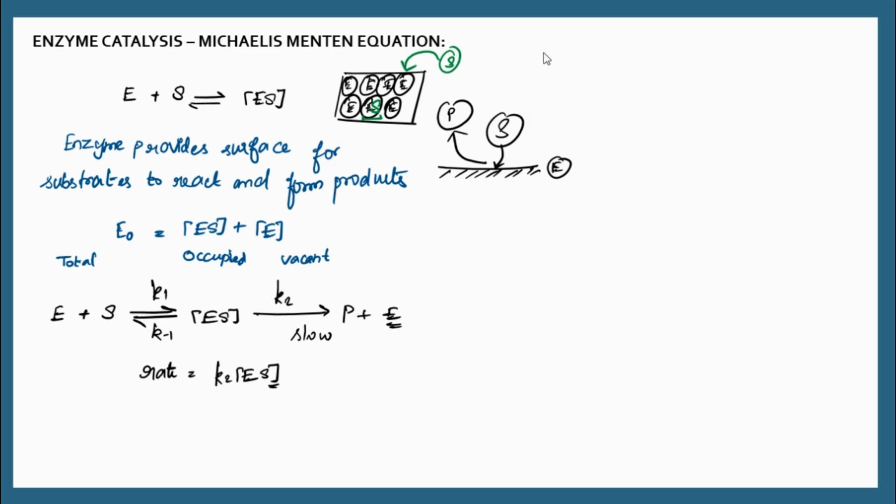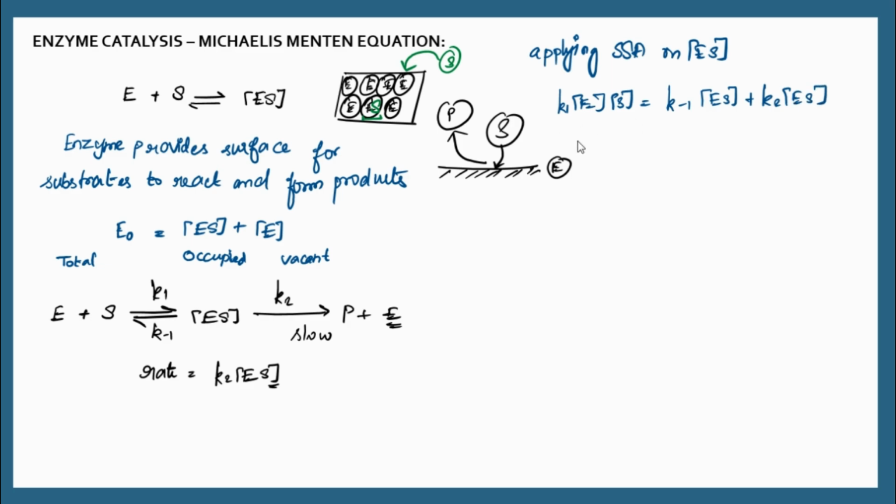Applying steady state approximation on concentration of ES, rate of formation of ES is K1 concentration of E into concentration of S, equal to rate of decomposition of ES. என்னென்ன ஸ்டெப் இருக்குன்னு பாருங்க: K minus 1 concentration of ES plus K2 into concentration of ES.